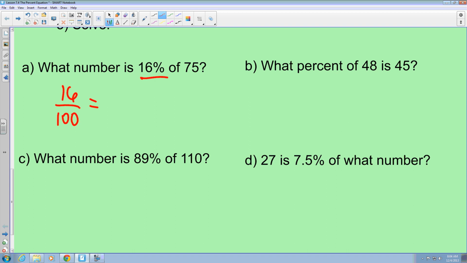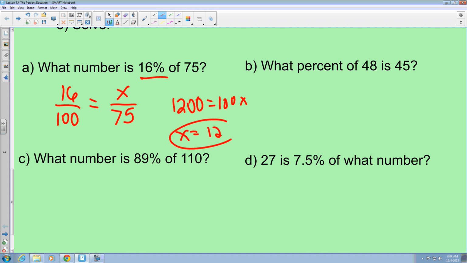They're asking for a part, so what we don't know is the part. So I'm going to cross multiply. I get 75 multiplied by 16, which gives me 1200, and that equals 100x. Then when I divide both sides by 100, x equals 12.